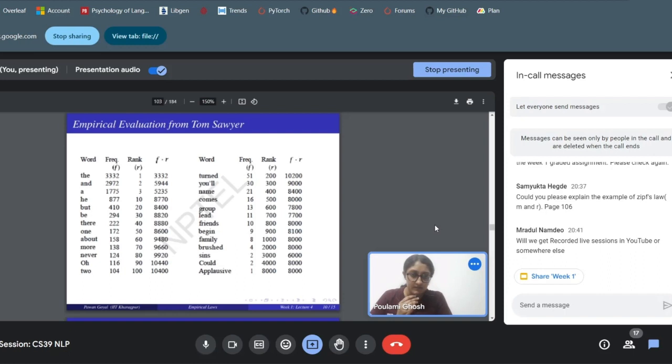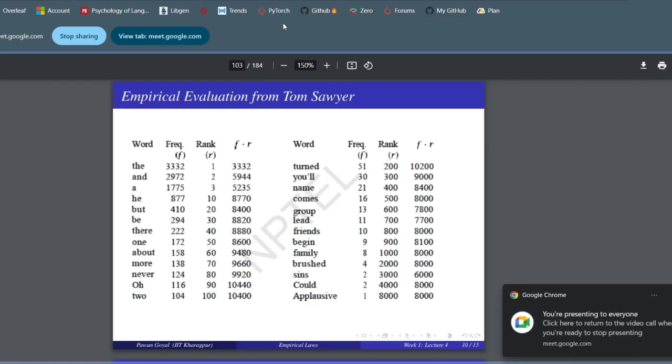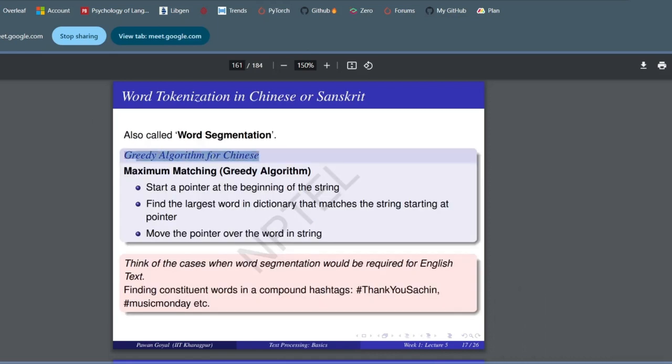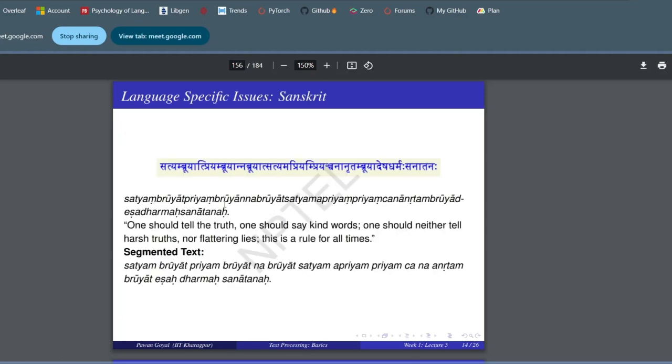Somebody had unmuted. Yeah, word segmentation. Okay.